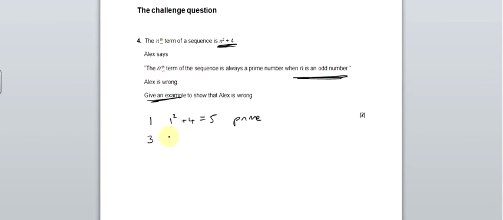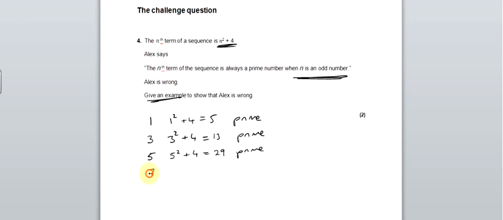3. 3 squared add 4. So 3 squared is 9, add 4 is 13, that's prime. So 3 doesn't prove him wrong. How about 5? 5 squared add 4. That's 25 add 4, that's 29. So that's prime as well. Looking good for Alex.